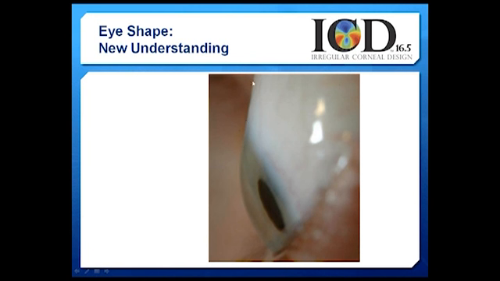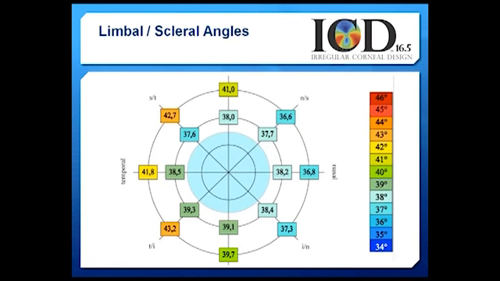But as we reach the peripheral cornea and the limbus and into the sclera, we see this very straight line or tangent shape. And clearly we need a different approach when landing on a surface that's tangent as opposed to landing on a surface that's curved. And this is part of what makes the ICD unique.